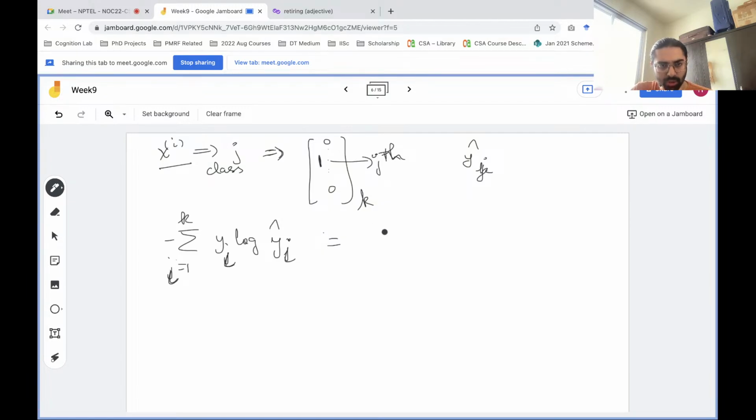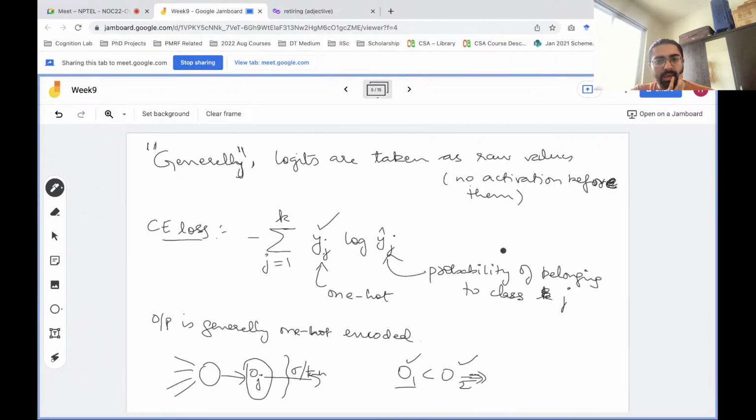So this turns out to be just the minus of log of yj hat. We're saying try to reduce this, which means increase yj hat, that is, increase the probability that it belongs to the class J. So we don't care about the other probabilities for a given sample. We just take that particular class's probability and move ahead. Okay, that's the idea.